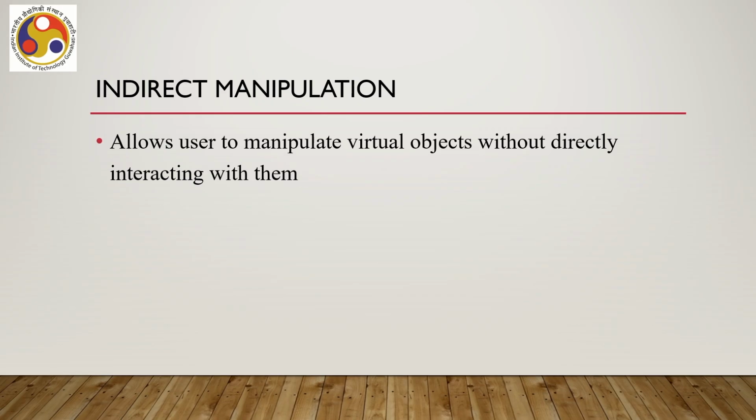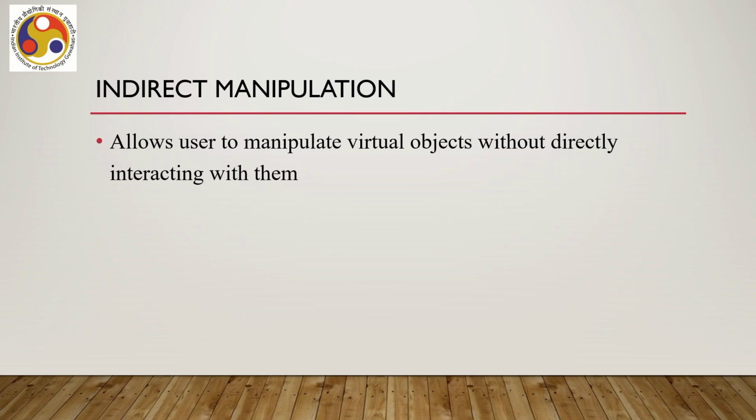Now, hand manipulation requires a little bit more computational power or specialized devices, which may be relatively costly. To reduce cost or for other factors, we can sometimes have indirect manipulation, where we are not directly manipulating using our physical hand. Instead, we are manipulating some other objects, which in turn is manipulating the desired object.